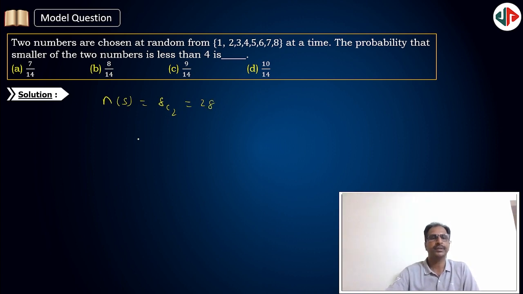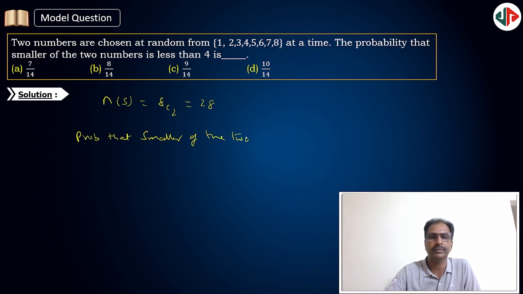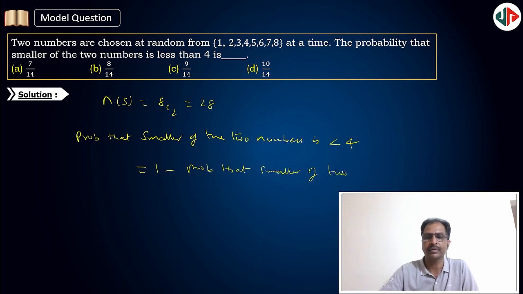Now the probability that the smaller of the two numbers is less than 4 is nothing but 1 minus the probability that the smaller of the two numbers is greater than or equal to 4.